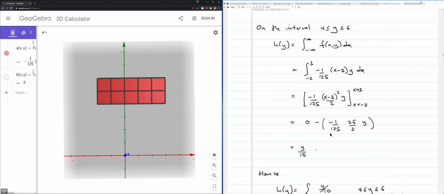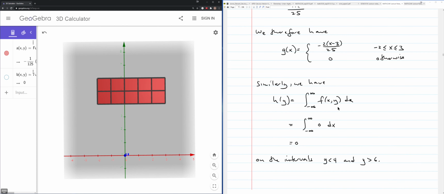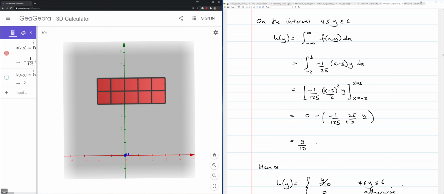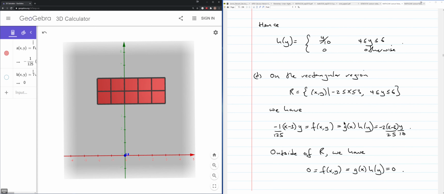So g is minus 2 x minus 3 on 25, and the h of y under this rectangle is y on 10.